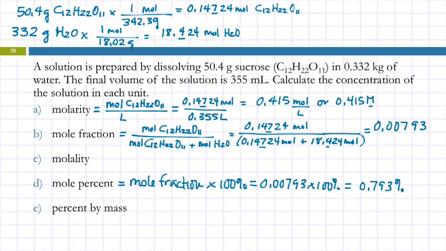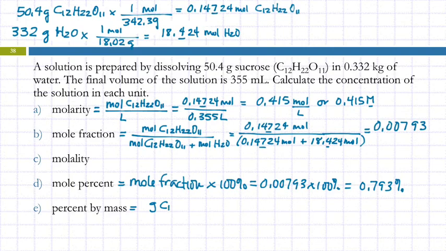What should we do next? Percent by mass or molality? Percent by mass? We're skipping around, so let's just leave that skipped and we'll come back to it. So percent by mass, what does that equal? The mass of the solute, here we've been using grams, so let's keep using grams.